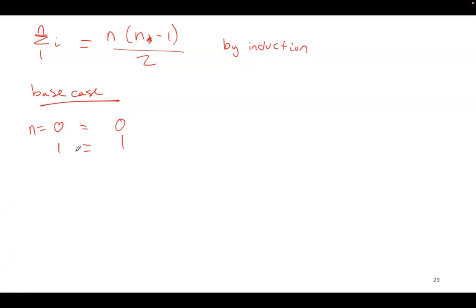We can keep proving, we can say like 2 numbers is 1 plus 2, which is 3. And so if n is 0, 0 times 0 minus 1 over 2 is just automatically going to be 0 because we've got 0 multiplied there. 1 is 1 times 1 minus 1.